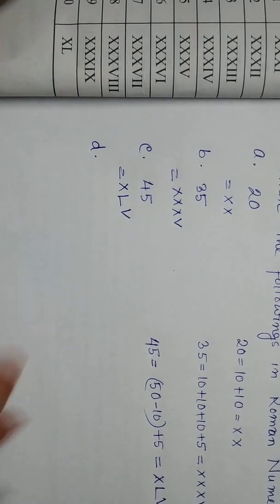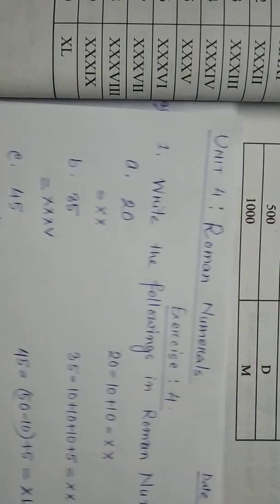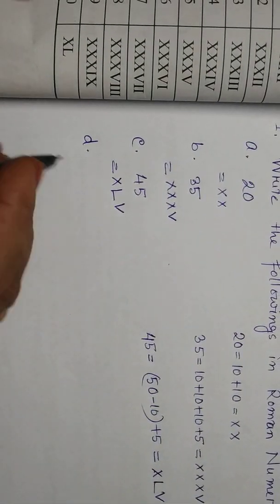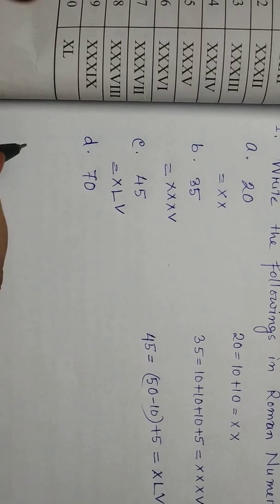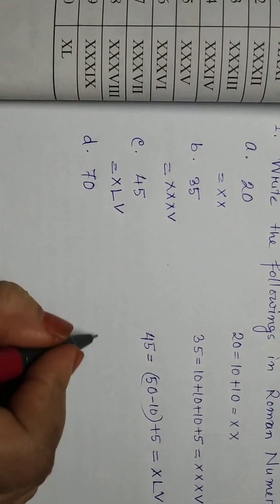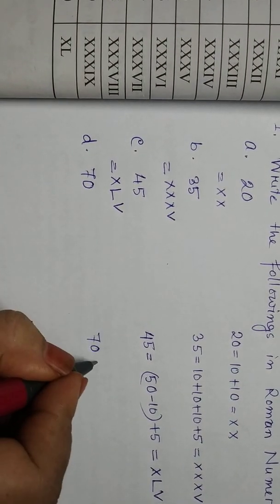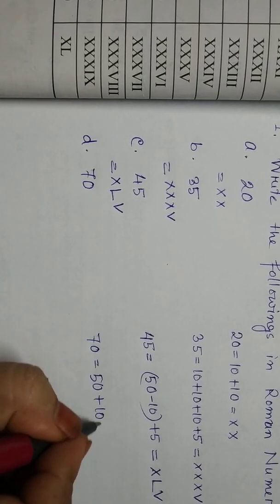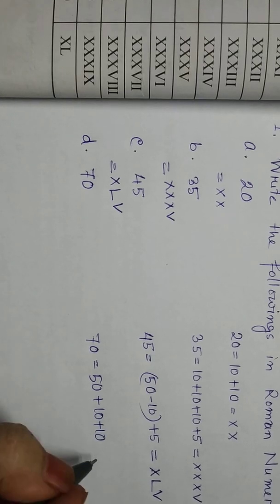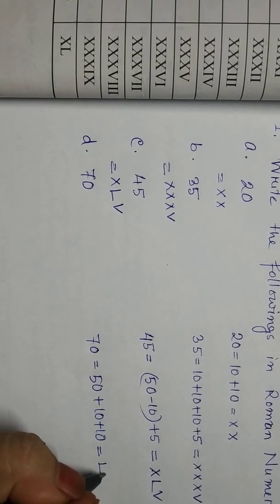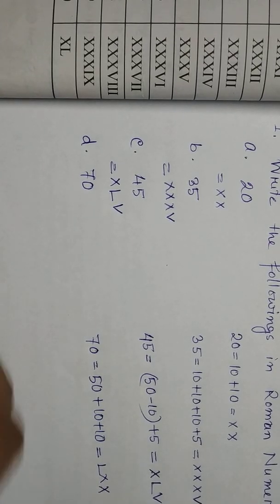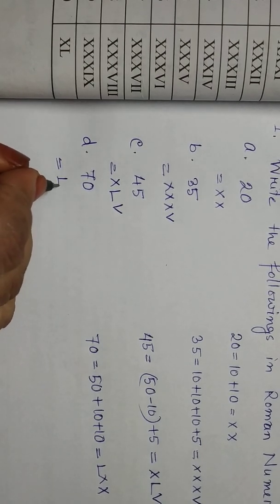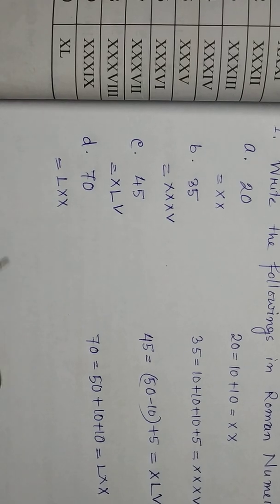Now D. In D, 70 is given. 70 means 50 plus 10 plus 10. 50 means L, and X, X. That's why 70 we can write LXX.